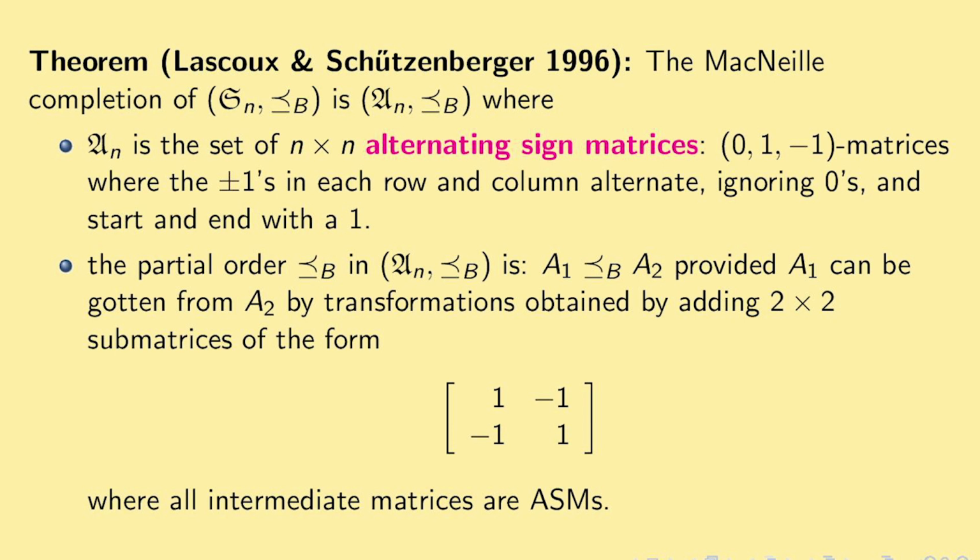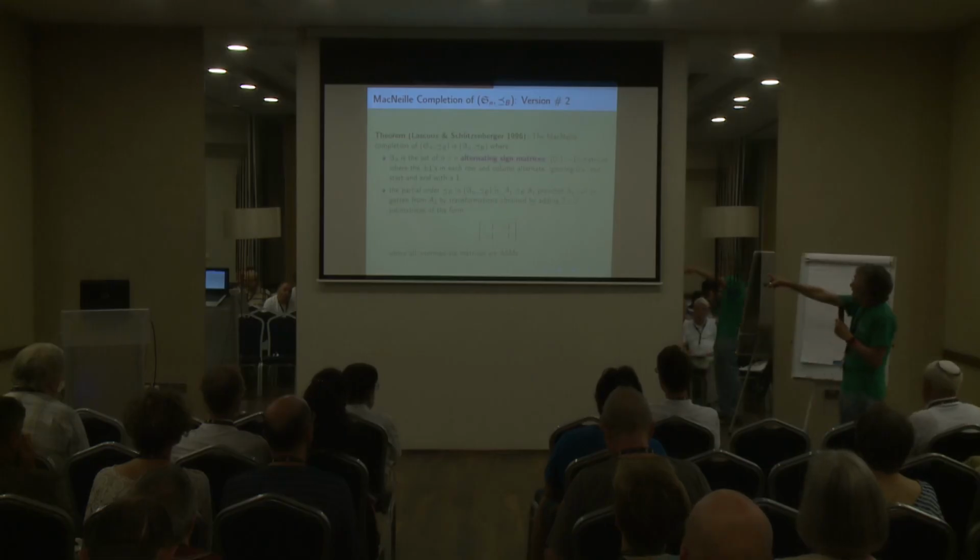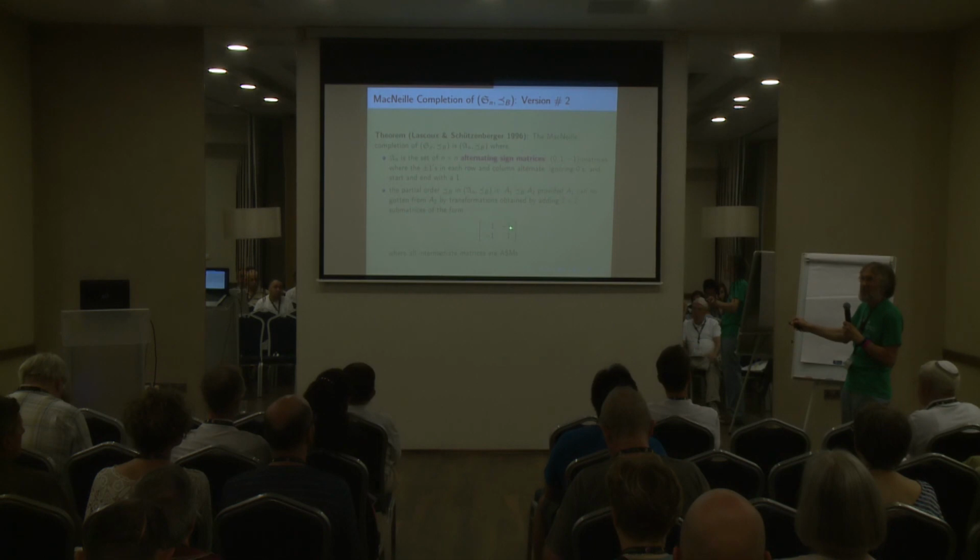I've already described for you what they are, and the partial order on the alternating sign matrices is just an extension of the partial order on the permutations, because you have to add this kind of a matrix that really corresponds in terms of permutations to an inversion reducing transformation, okay, in such a way that all the intermediate matrices have to be alternating sign matrices.